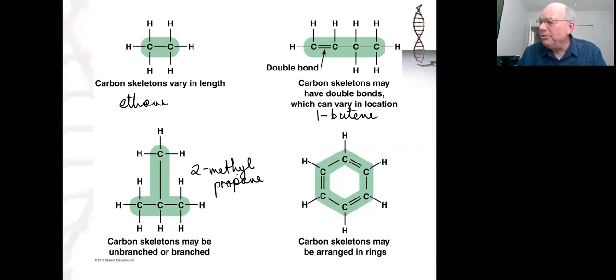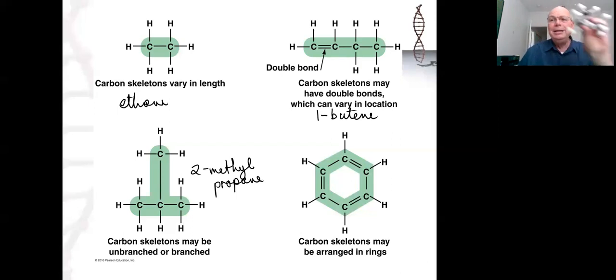And then the methyl tells me what's attached there. So this is a methyl group because that looks a little bit like methane. If you can't remember what methane looks like, because I showed this to you when we looked at chapter 2, this is methane again. You can see that this looks a little bit like methane, but it's got one of the hydrogens missing, so we can form the covalent bond to the branch. So this is 2-methylpropane.